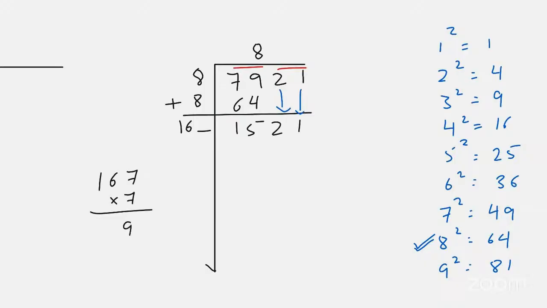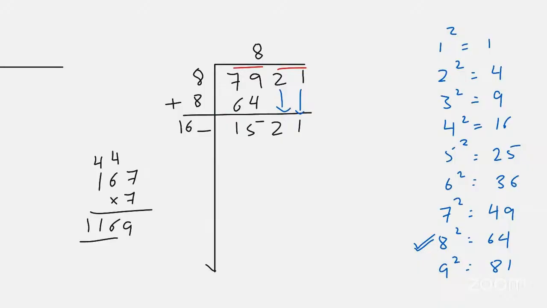Now carry 4. 7 6s are how much? 42 plus 4. 43, 44, 45, 46. 6 and 4. 7 1s are 7. Plus 4. 8, 9, 10, 11. 1169 is very small.